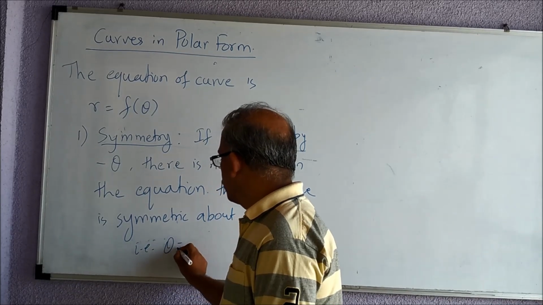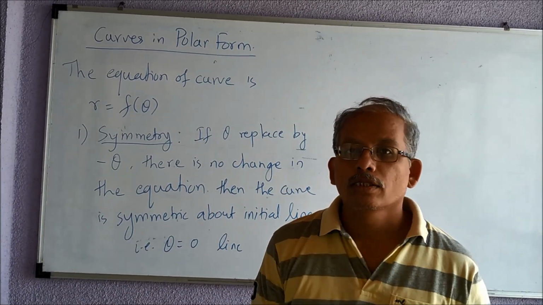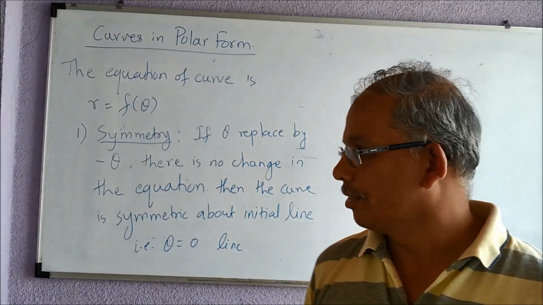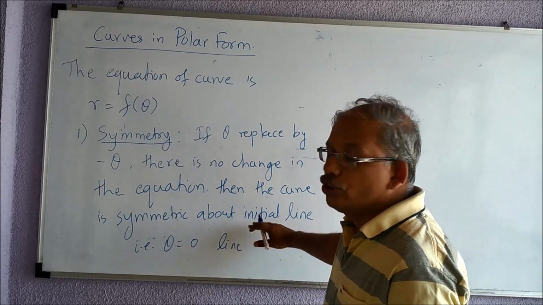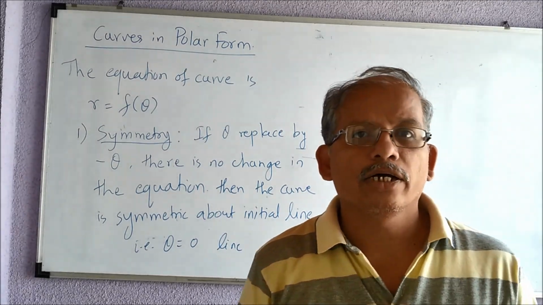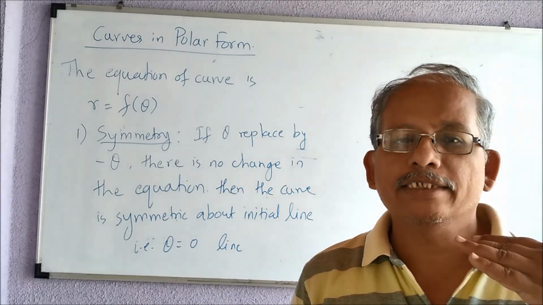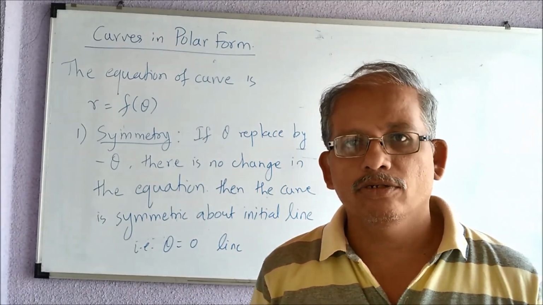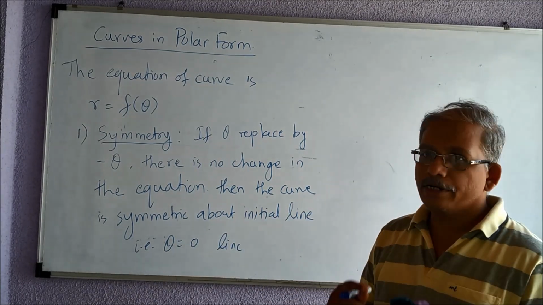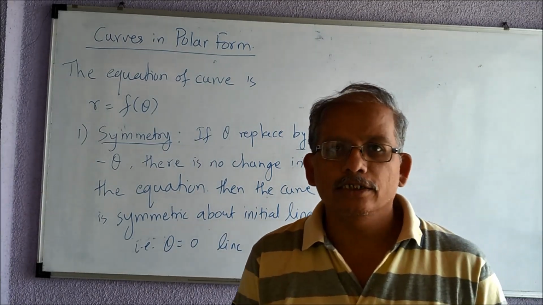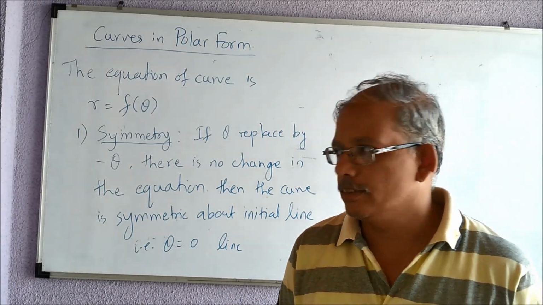Now one thing you should note here is that this initial line is like the x-axis in your Cartesian form. So the curve is symmetric about the x-axis, and you can visualize that part.